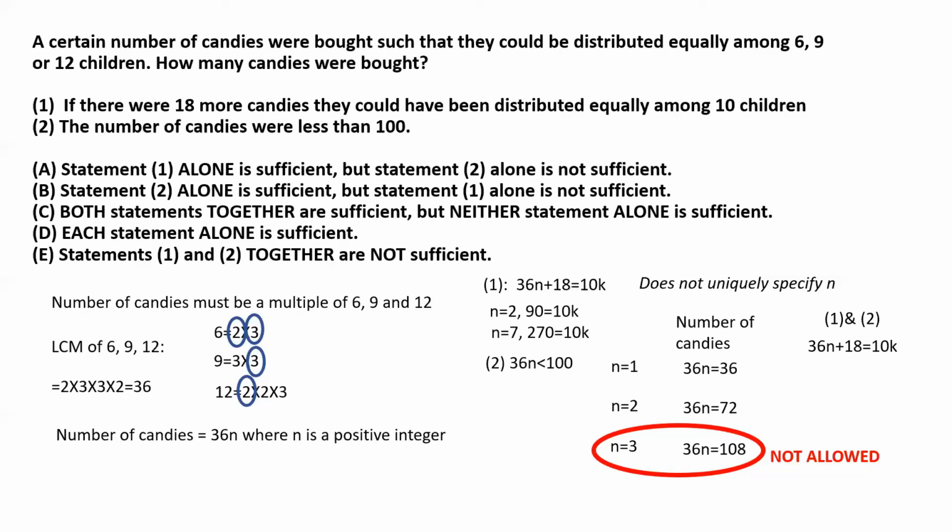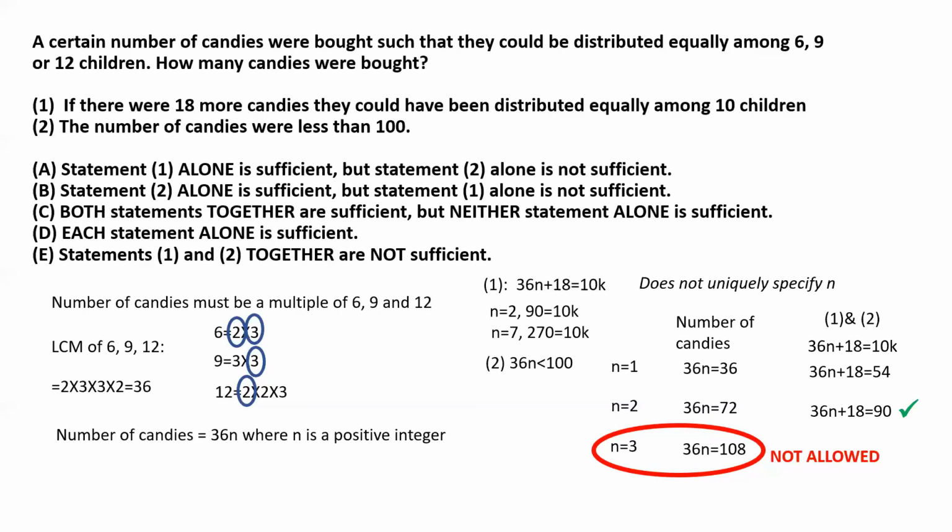Now we check for n equal to 1: what's the value of 36n plus 18? It comes out to be 54, and that's clearly not a multiple of 10, right? But for n equal to 2, 36n plus 18 comes out to be 90, which happens to be a multiple of 10.